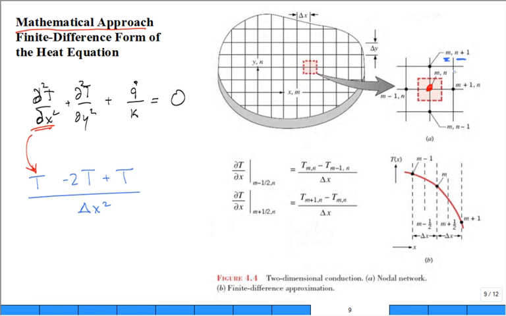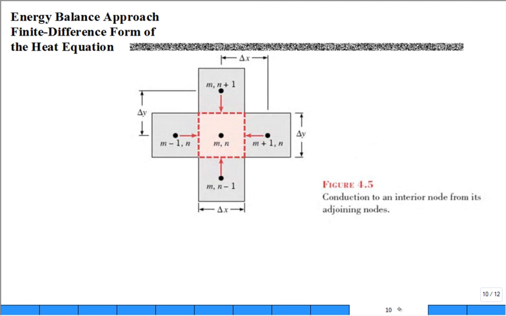If I want to approximate the second derivative of temperature with respect to x, it would be temperature m,n. Then it would be the temperature at m plus 1 comma n, and temperature at m minus 1 comma n, or you could switch these locations either way, but it's a plus and a minus. I'm done with that. All right. Do the same thing for the derivative here, and then get a bunch of algebraic equations, link them together. I don't prefer the mathematical approach. I prefer the more intuitive energy balance.